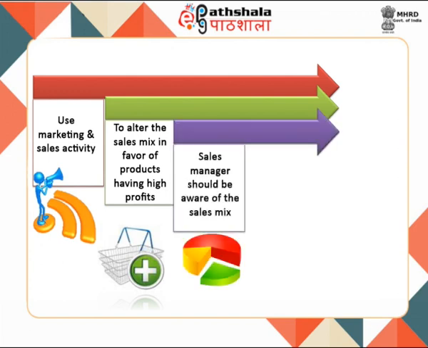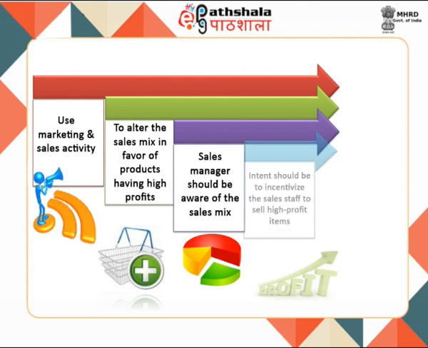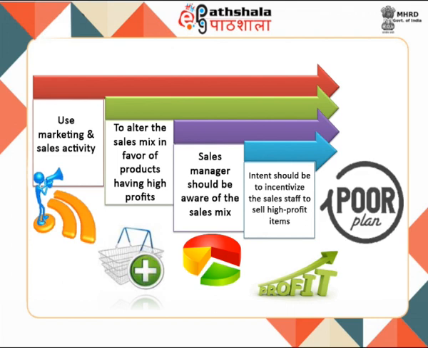Sales managers have to be aware of sales mix when they devise commission plans for the sales staff, since the intent should be to incentivize the sales staff to sell high profit items. Otherwise, a poorly constructed commission plan could push the sales staff in the direction of selling the wrong products, which alter the sales mix and result in lower profits.